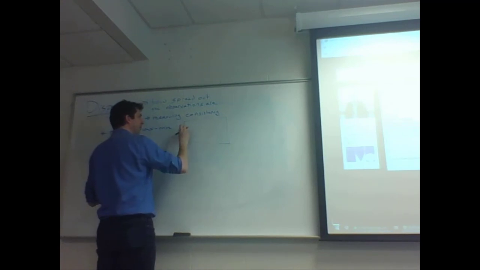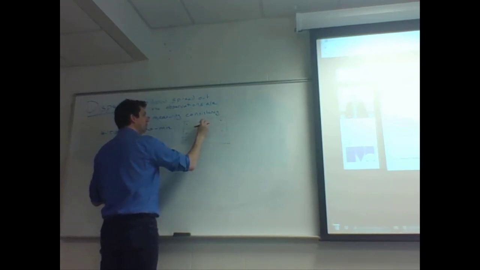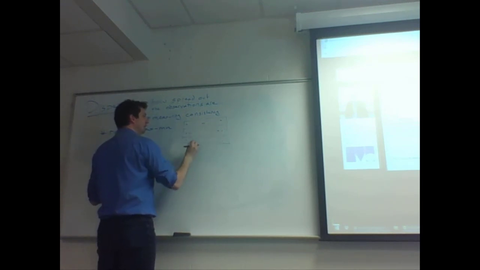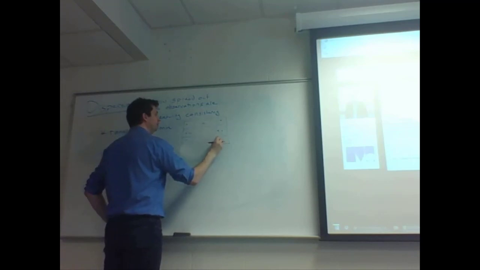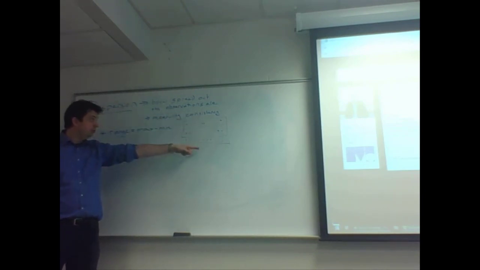So just to give you a couple of examples, imagine 3 data sets that have the same range. One data set looks like this with lots of observations here. One data set looks like this with maybe a bunch of observations here and here. And one data set looks like this. All of these have the same mean value, right?